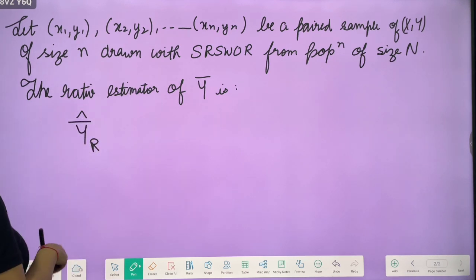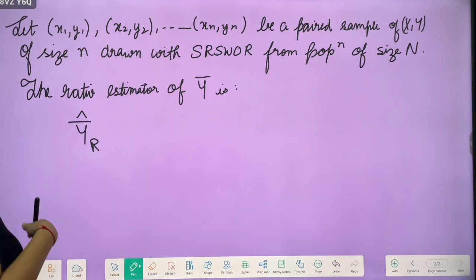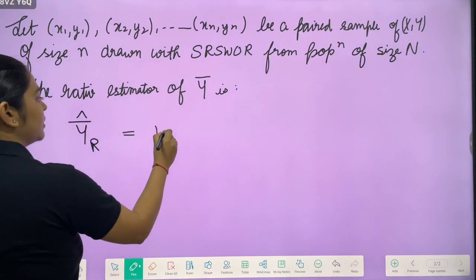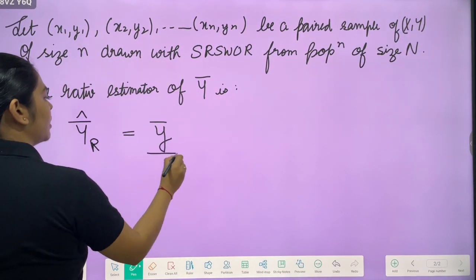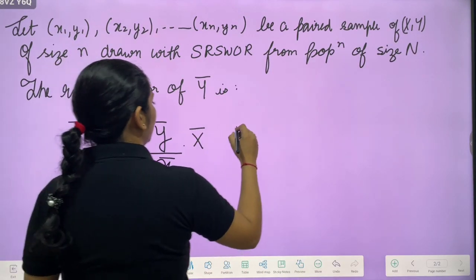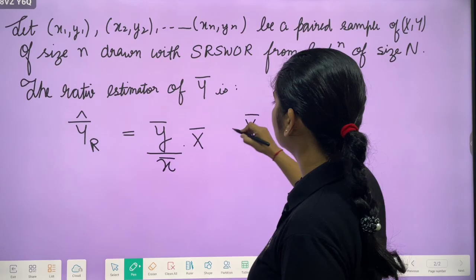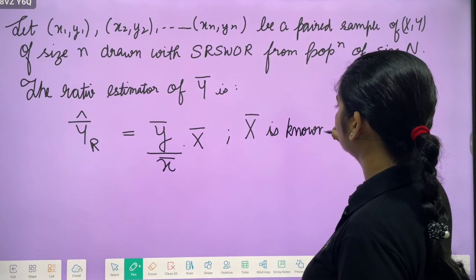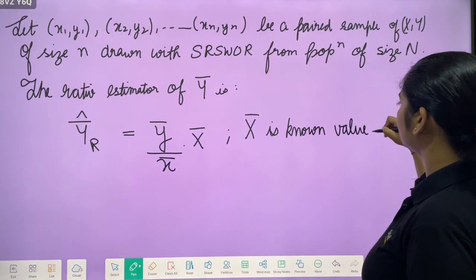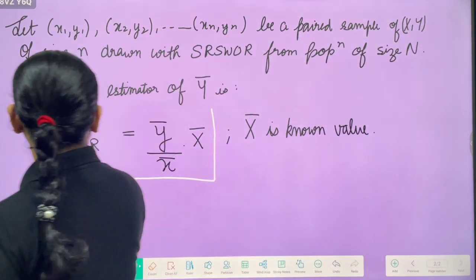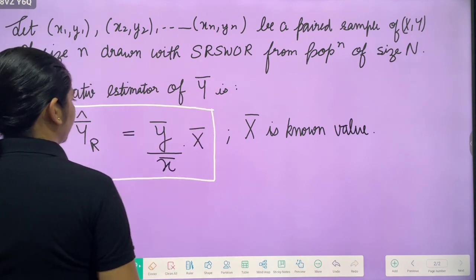It is nothing but small y bar upon x bar into capital X bar, where capital X bar is the known value. So this is the value of our ratio estimator.